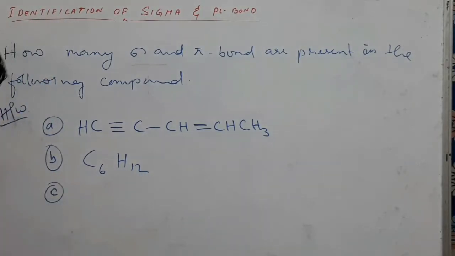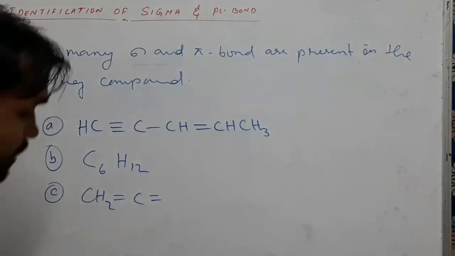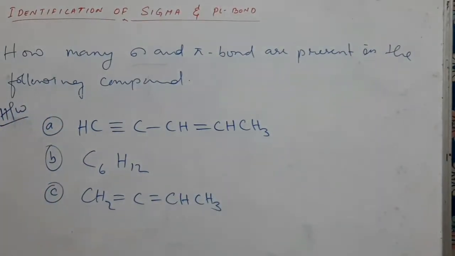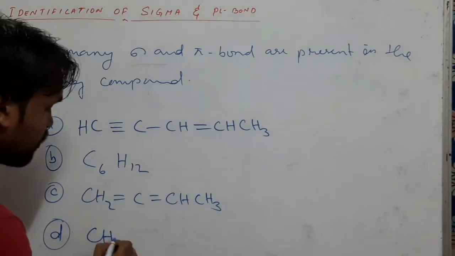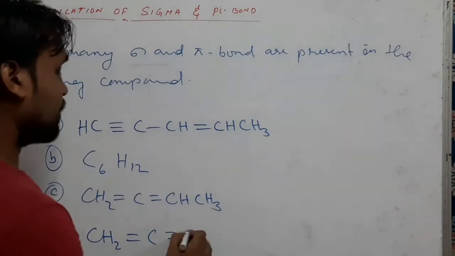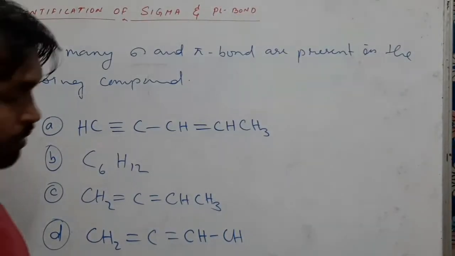Number C: CH2 double bond CH2 double bond C double bond CH3. Next one, and the last question for you to solve, is CH2 double bond C double bond CH single bond CH and double bond CH2.